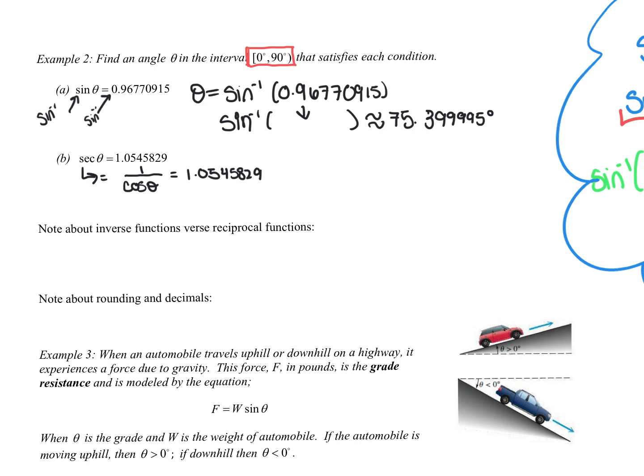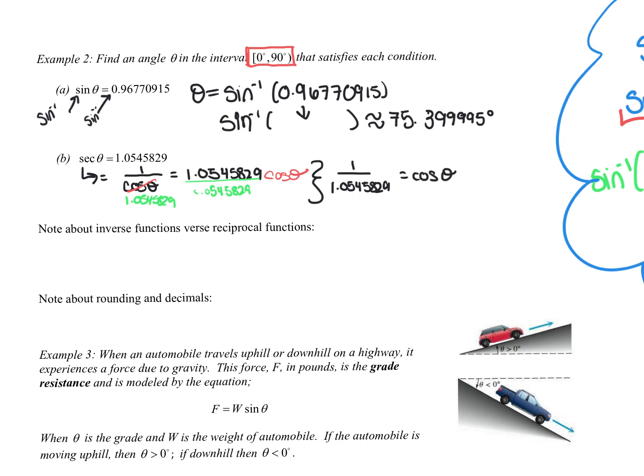1.05455829. So in theory, I'm going to multiply this cosine over here, and then I'm going to divide the 1.05455829 over to the other side. If I do that on one side, I have to do it over here. So what I end up getting is that 1 over 1.05455829 equals cosine theta.